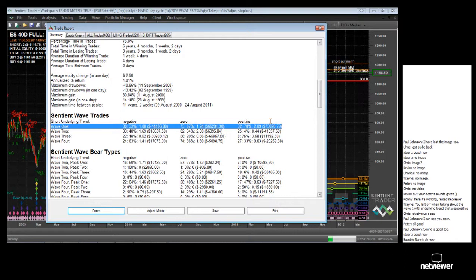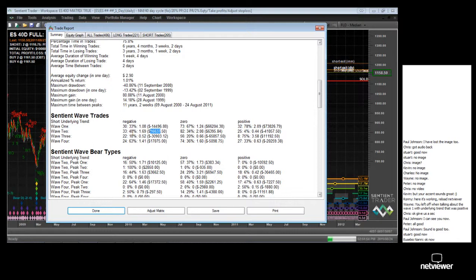As an idea, you might decide to only take wave one trades under positive underlying trend conditions, which means you could hope to have a win ratio of about 78%, which is pretty good, and a profit factor of 0.09, and you would have made $7,826.